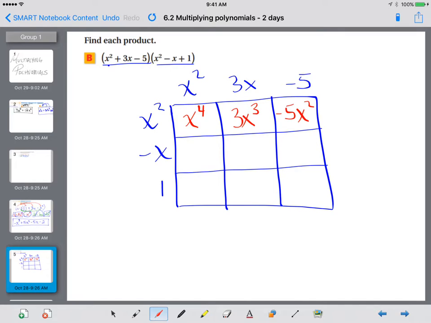Negative x times x squared would be a minus x to the 3rd. Negative x times 3x would be minus 3x to the 2nd. Negative x times negative 5, that's a positive 5x. And we're down to row 3. 1 times x to the 2nd is just x to the 2nd. 1 times 3x is just 3x. 1 times negative 5 is negative 5.